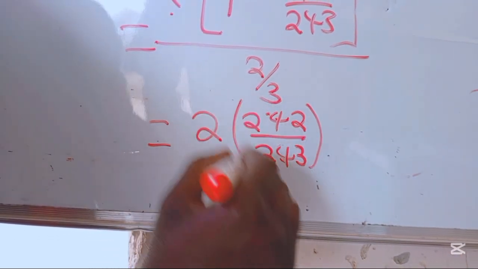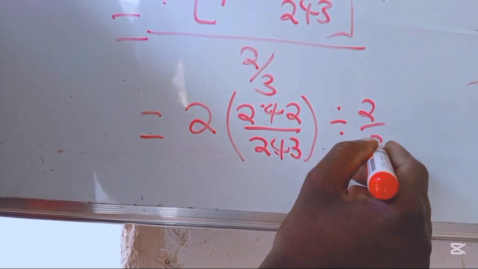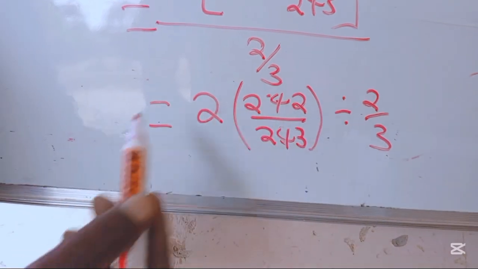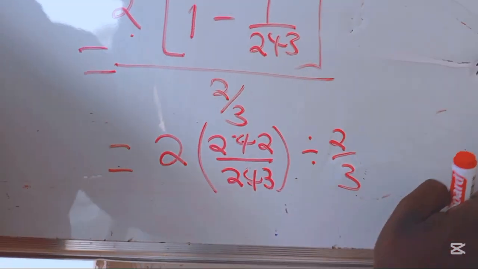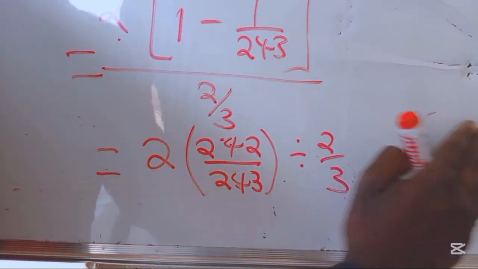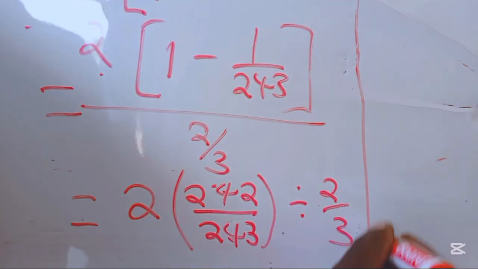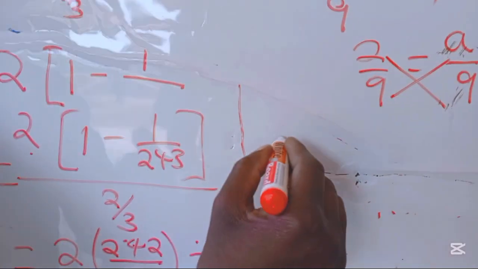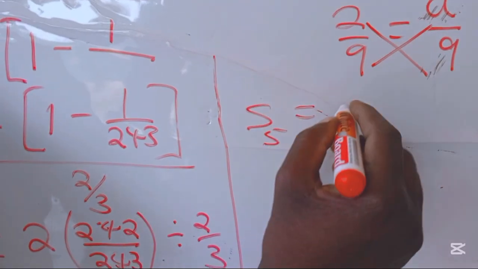Now the whole lot of this should be divided by 2 over 3. Ladies and gentlemen, I've just brought this one to the bottom. I put it in that form. So from there, we can now do justice. How do we do justice? We do justice like this, simple. You can see, I'm not using a calculator, but I'm able to calculate nicely and smart.